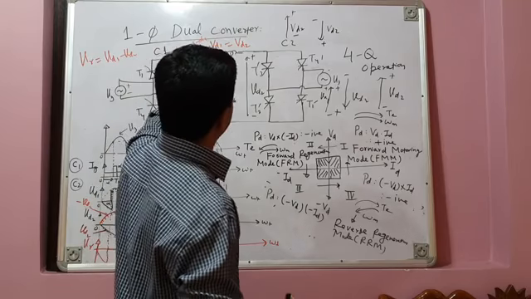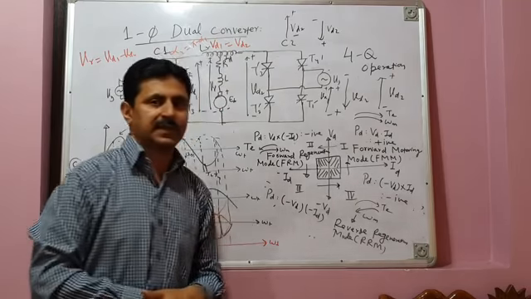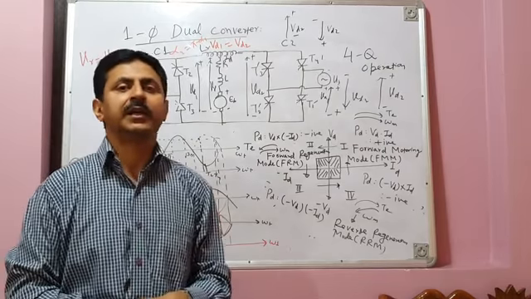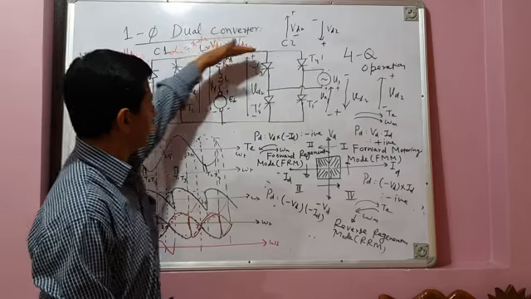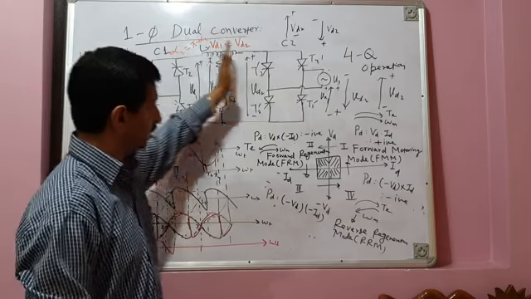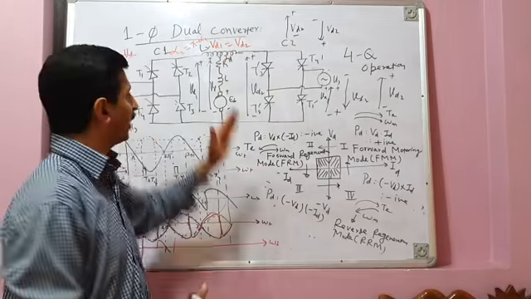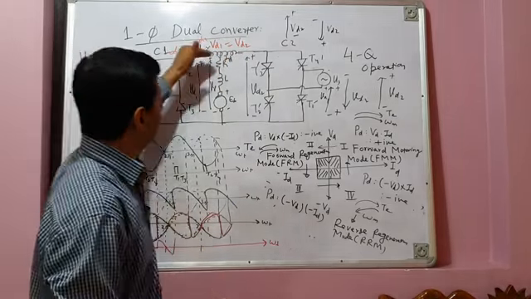Its magnitude is again reduced by this inductor. So the circulating current limiting inductor we have to put in the center. It does not make circulating current equal to 0, but it limits the magnitude of circulating current between the two converters. And this circulating current is because of the difference of the two instantaneous voltages, which results in a resultant voltage VR between the two converters.